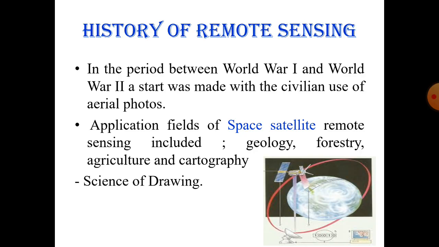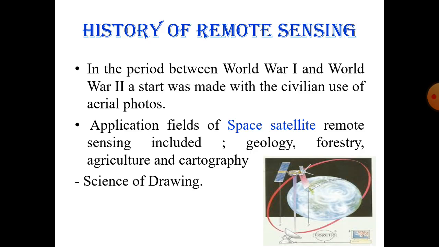This technology is also called satellite remote sensing, because satellites contain the sensors. Those sensors gather the information about the Earth, and hence it is called satellite remote sensing. This technology is widely used to gather information about the Earth, hence it is called the geographical information system in later days.